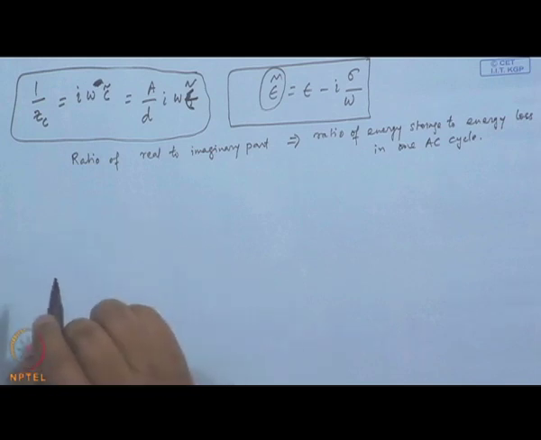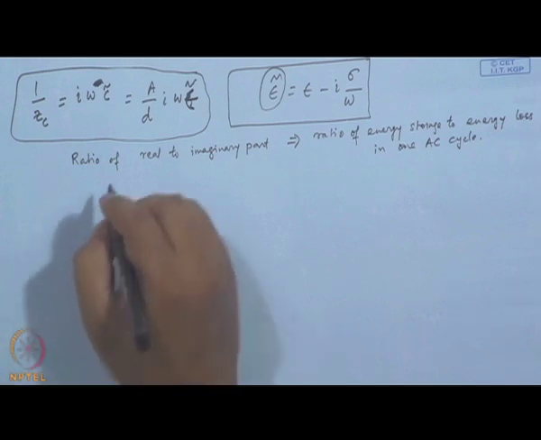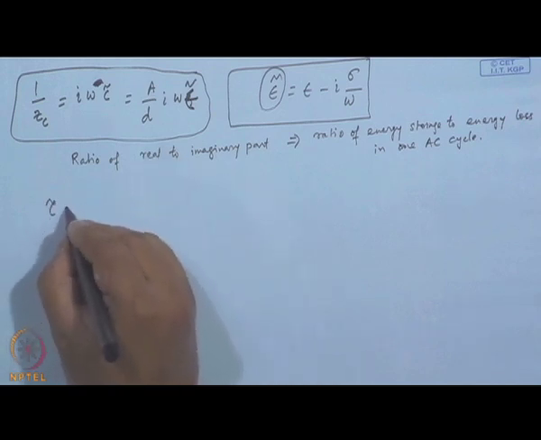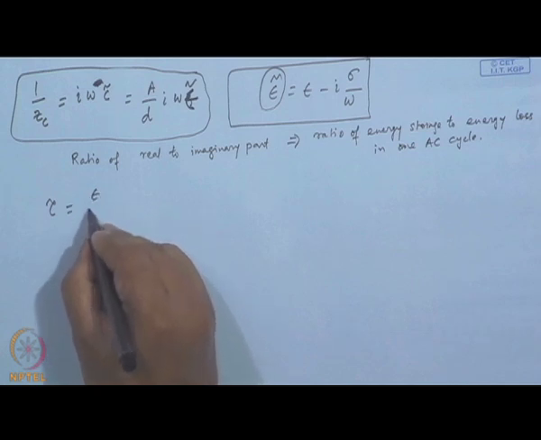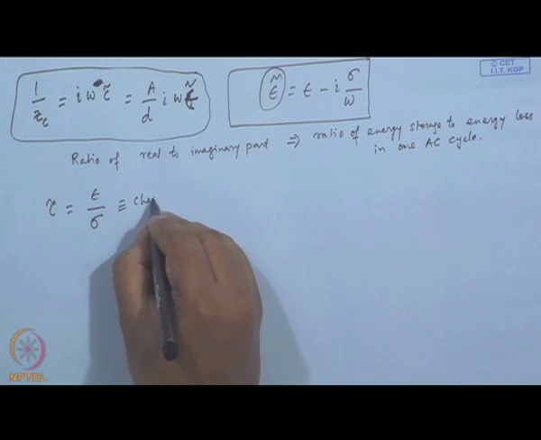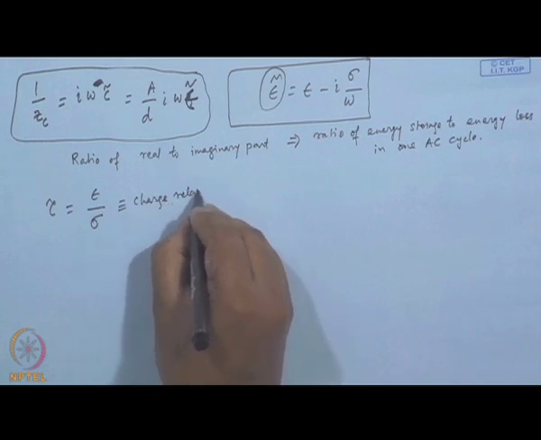In that case, tau would be defined as epsilon divided by sigma. This would be called the charge relaxation time.